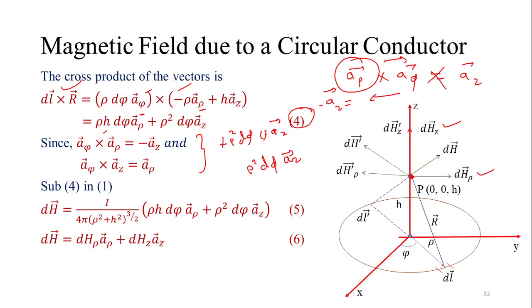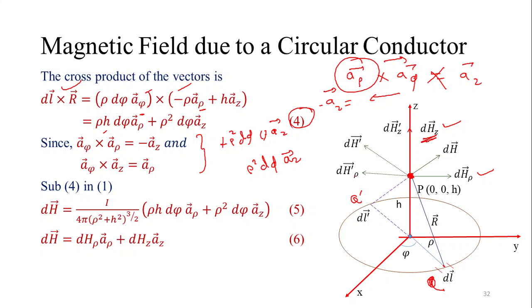Similarly, the point dl dash, suppose this one is some observation point Q, diametrically opposite point Q dash also will produce a field which is also having dH rho and dHz.